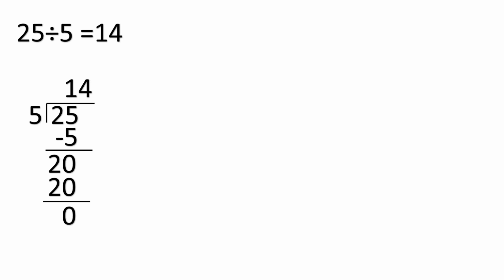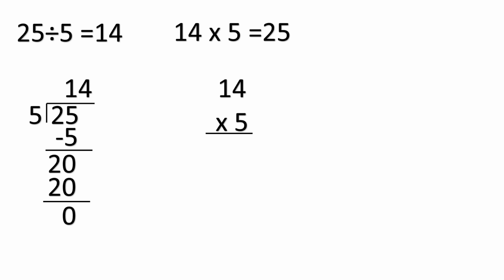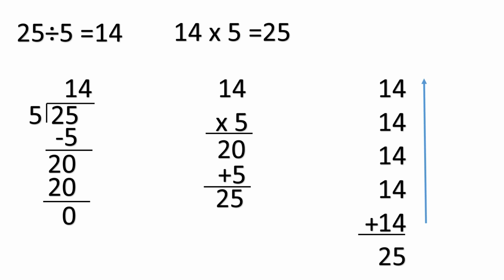Well, just to prove to you that I got my money's worth when I went through the University of Arizona, I'm going to do it by multiplying it. 14 times 5 is 25. So there you have 14 times 5. 5 times 4 is 20. 5 times 1 is 5. There's 25. Okay, I got a master's degree, so now I know I'll just prove it again by adding it all up.